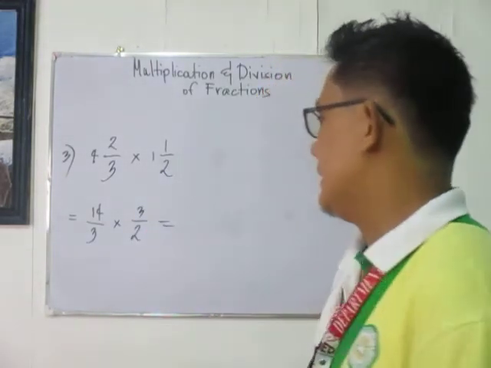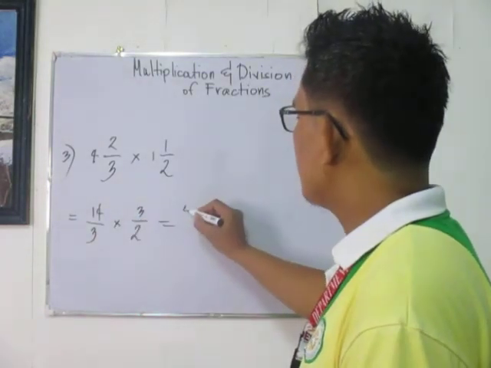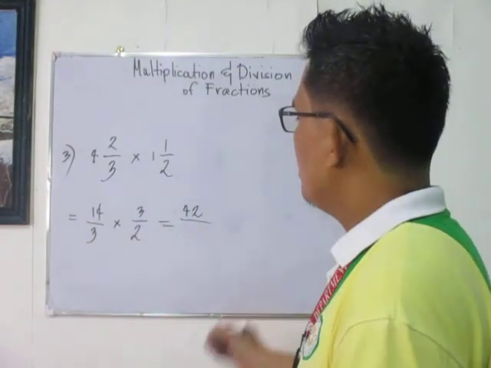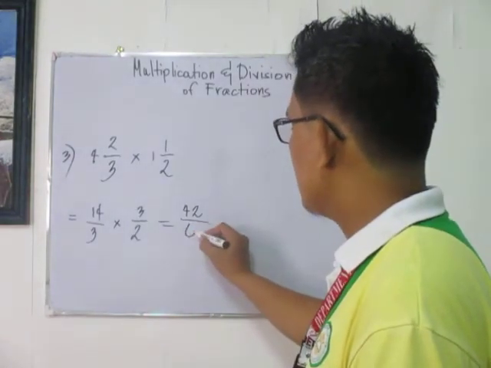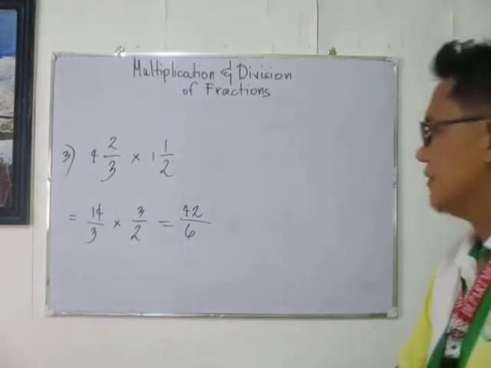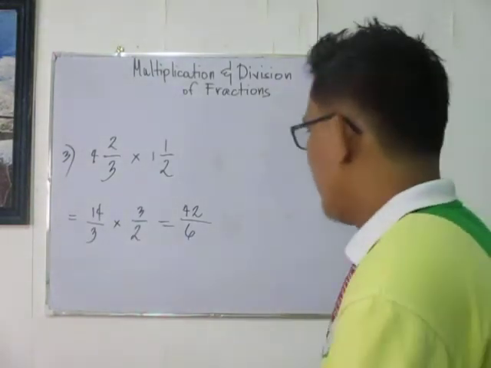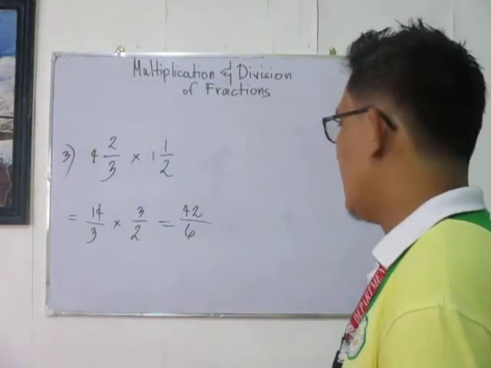Then multiply. The answer is 14 times 3 is 42 over 3 times 2 is 6, so 42 over 6. That is an improper fraction since your numerator is bigger than your denominator.